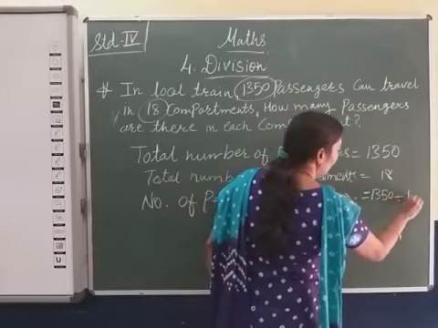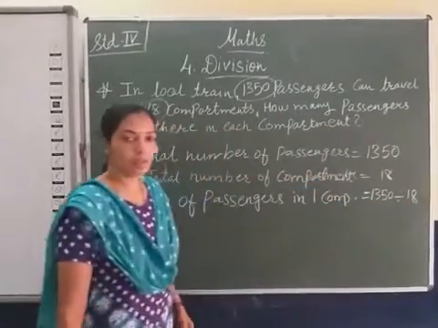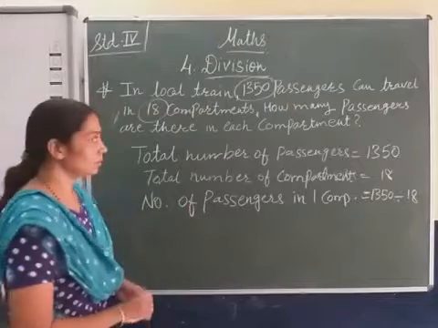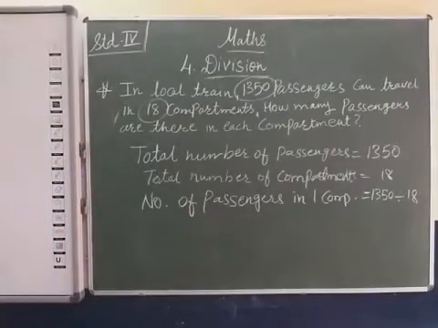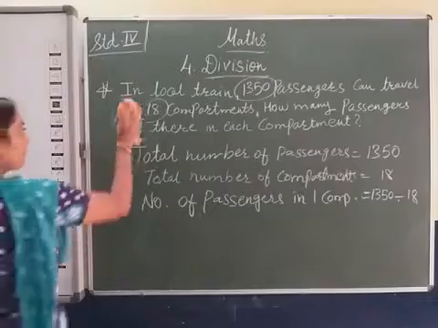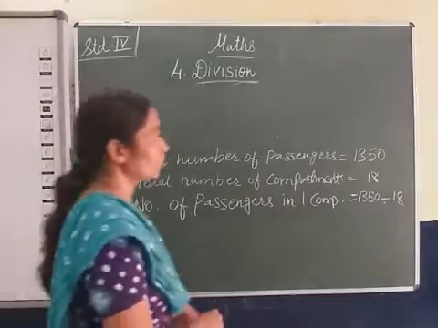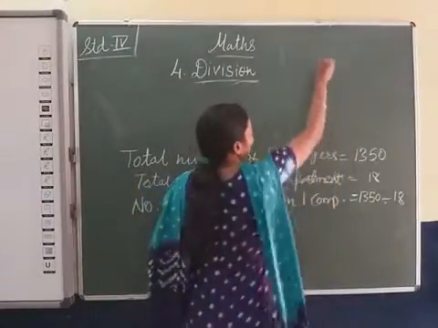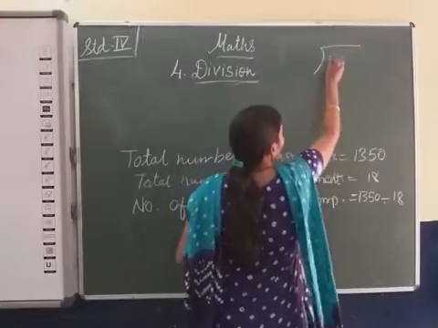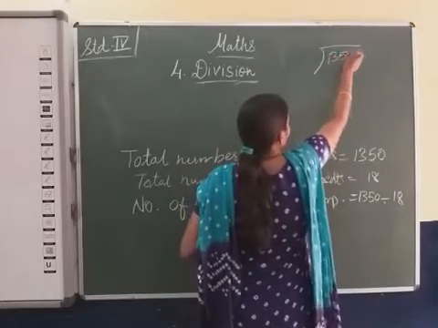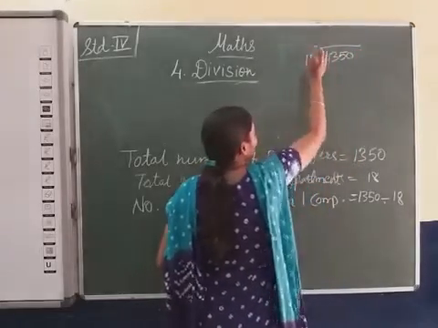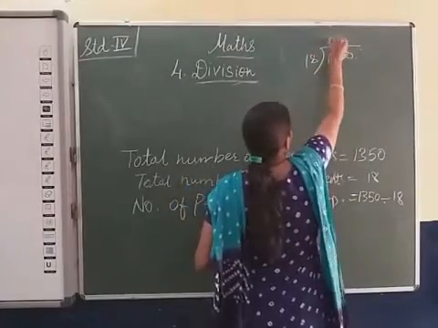1350 divided by 18. Now we divide this. 1350 divided by 18.